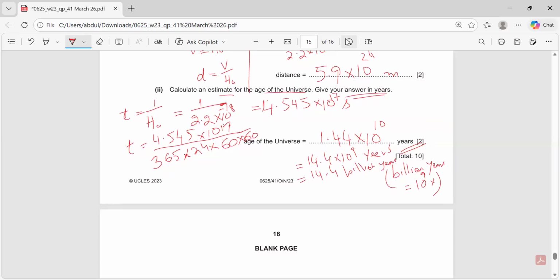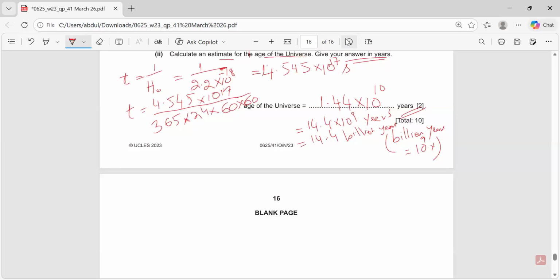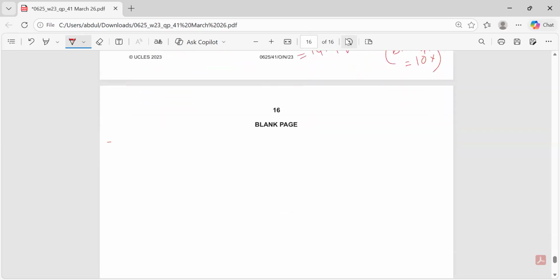Age of the universe is 1 over h naught. But sometimes this can be 3 marks, sometimes 4 marks. Then we cannot use directly t is equal to 1 over h naught. Then what to do? Just be attentive for a moment. See, dear friends, v is equal to h naught d. If I make h naught the subject of the equation, it will become v over d.